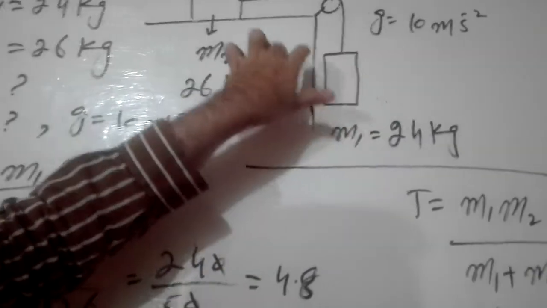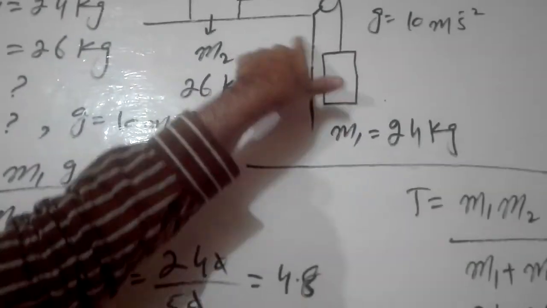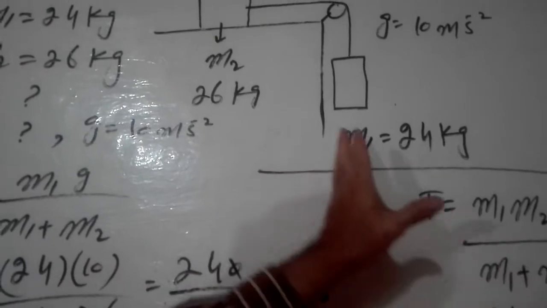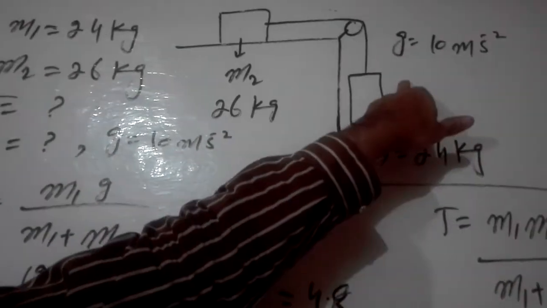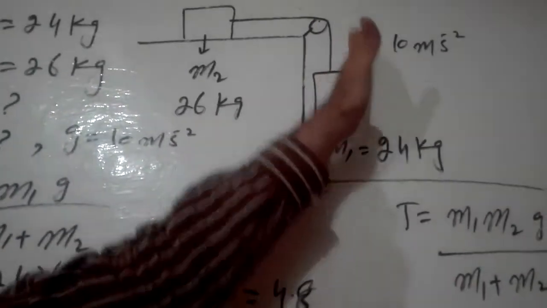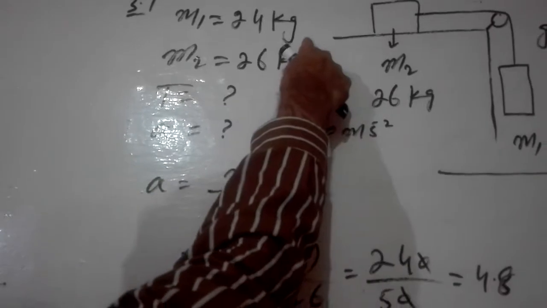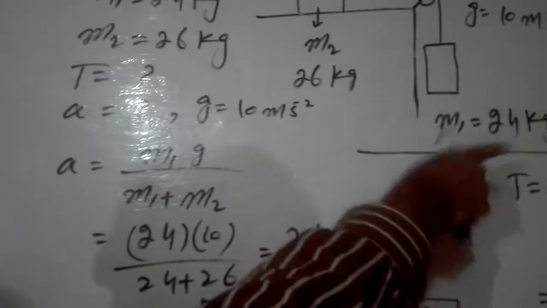So first of all, make this diagram roughly so that you don't get confused when you apply the formula. Clearly, the value of g will act here, because it is moving vertically downward. Again you have to write down the data. M1 is 24 kg, the smaller mass.